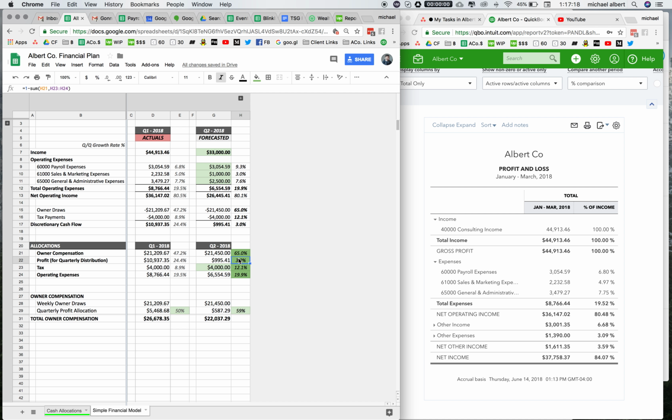3% is going to be profit, which is really just earmarked for our quarterly distribution. About 12% is going to be tax. And actually, this is just a plug.